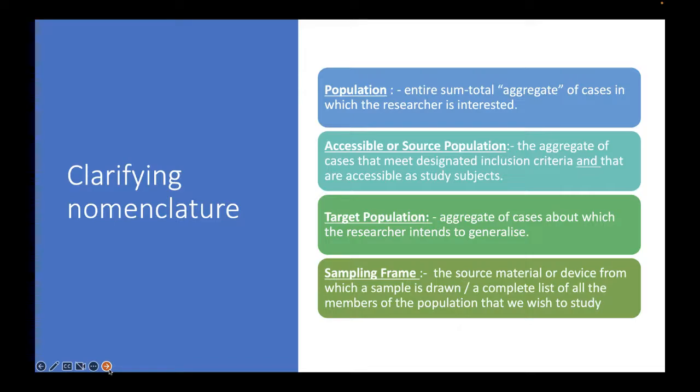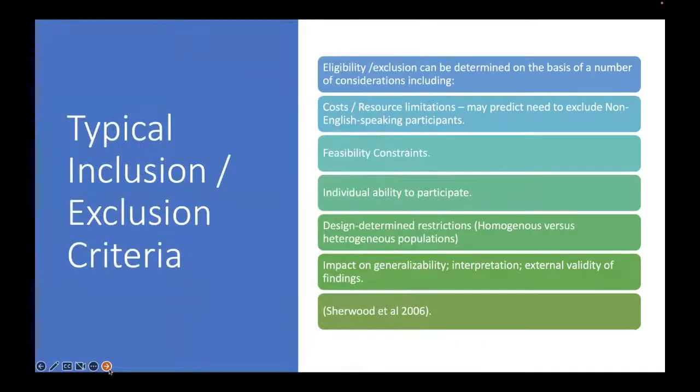Now, of course, there are particular standout issues or characteristics that researchers pick out as characteristics that they want to really deal with, or the characteristics they want to not have to deal with.